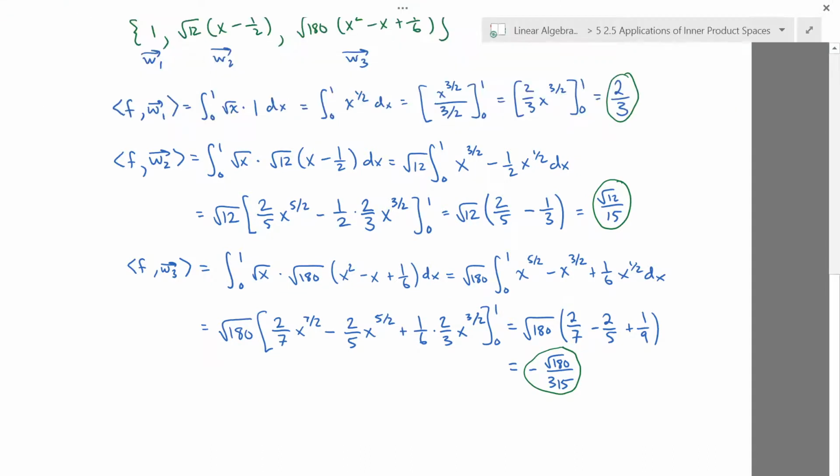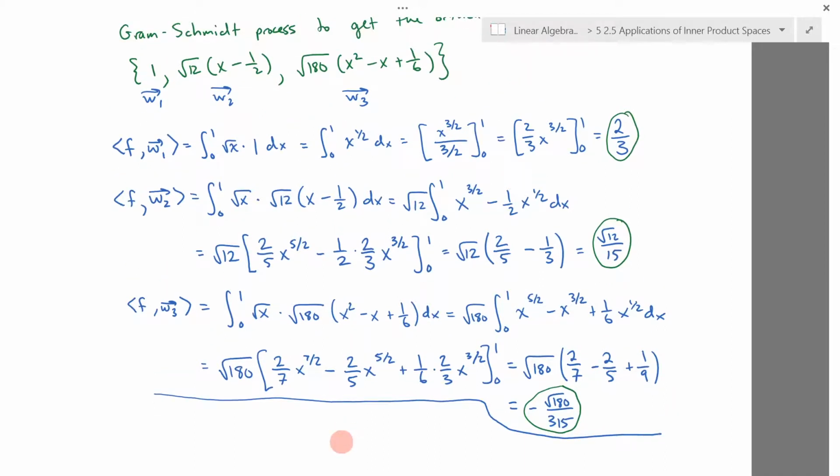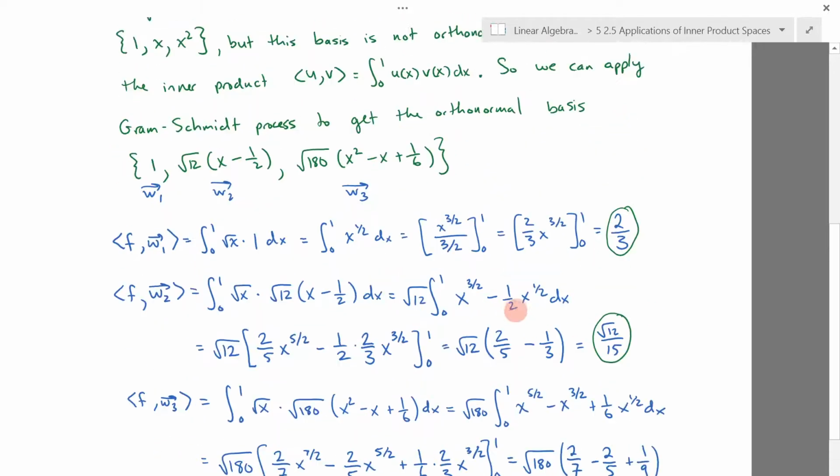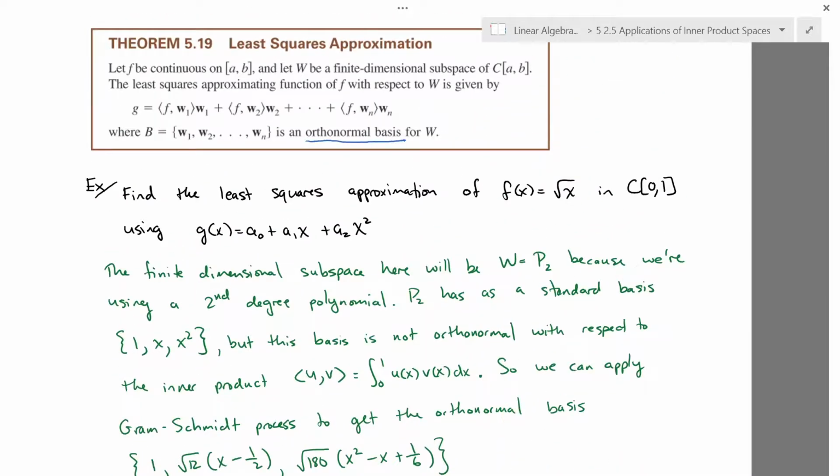Right, so what does that mean? Right, so these are the 3 coefficients in expanding g with respect to the orthonormal basis.